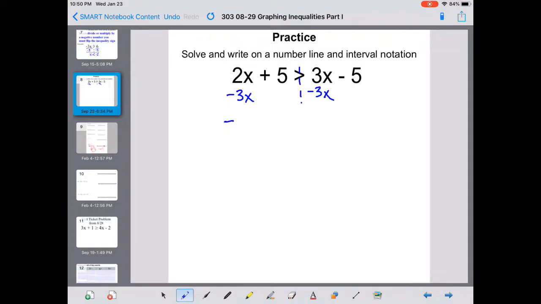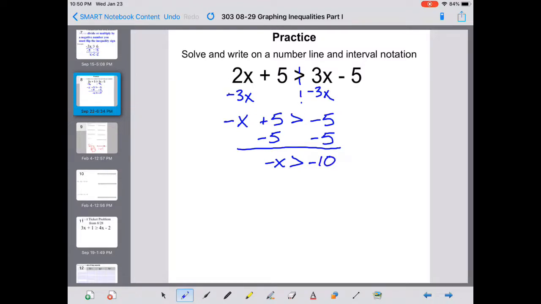Okay, so 2x minus 3x is negative 1x. So we have negative 1x plus 5 is greater than negative 5. Now we want to keep the x by itself, so we're going to subtract that 5 from each side, which will give us negative x is greater than negative 10.